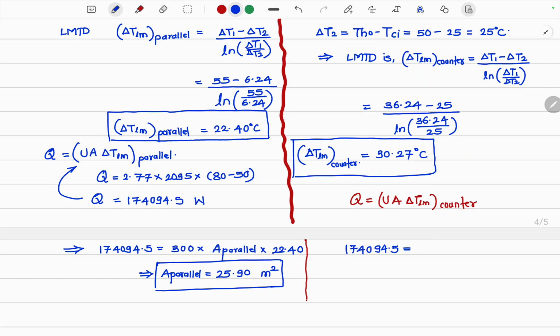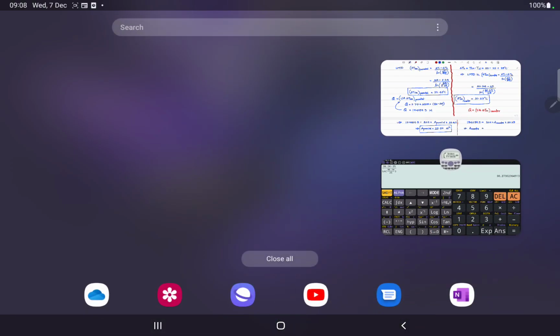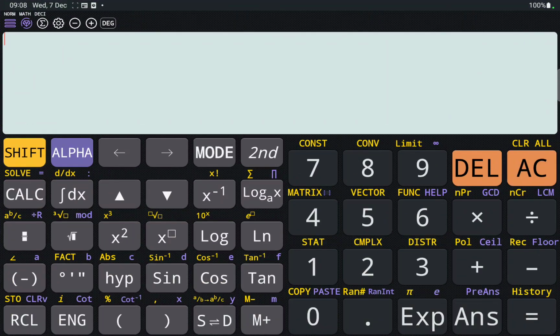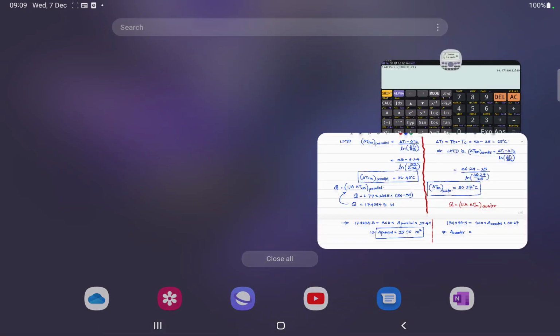This is equal to U, which is 300, then area of counter flow multiplied by delta T LM, 30.27. So it implies that area of counter flow, we will calculate it now: 174094.5 divided by 300 into 30.27. 19.17 is the answer that we are getting.